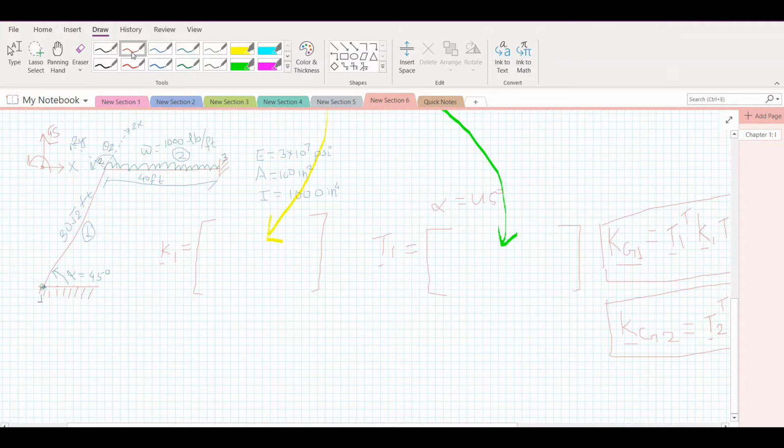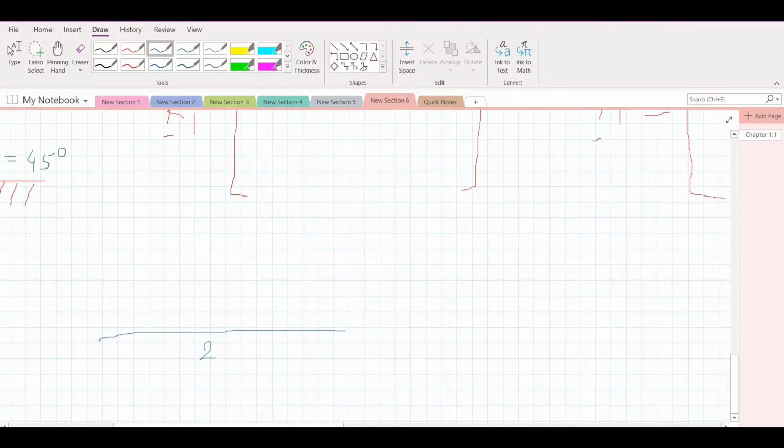Now for the forces, you can just look at element number 2 here. Now this is omega. Since we are looking at forces rather than reactions, the forces will be acting downwards here and acting like this.